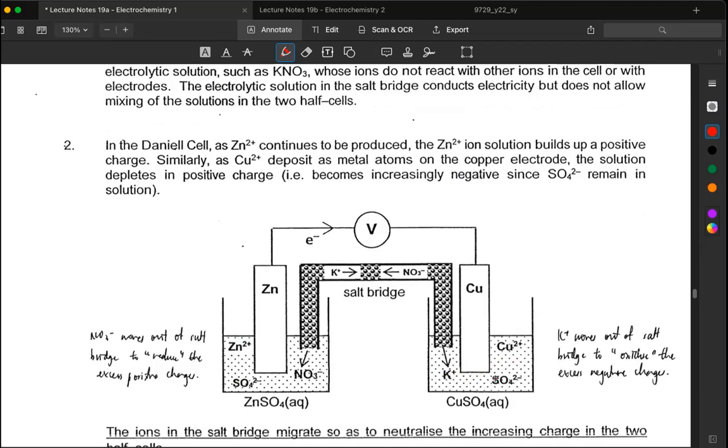It becomes increasingly negative relatively because the sulfate in the copper(II) sulfate remains; it didn't get discharged. So the sulfate ions do not increase in actual amount, but in terms of relative amount, there is more, okay? So you have an excess negative charge here and excess positive charge here, okay?